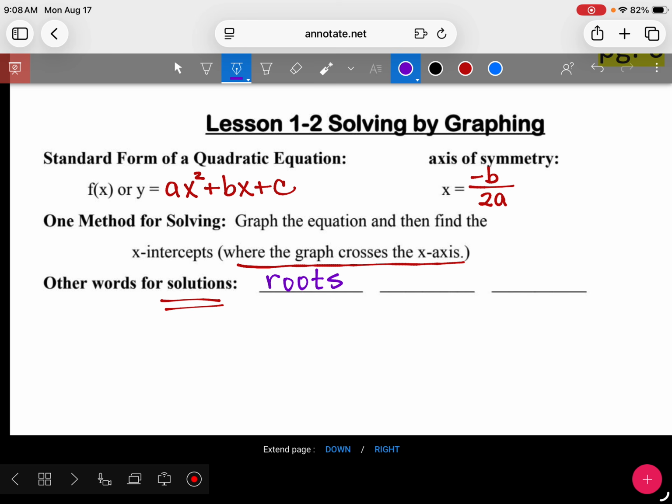The second one starts with the letter Z and it's a number. 0. So we could say zeros. Find the zeros. And then the last one that means solution is x-intercepts. So these are all synonyms, and they are all referring to the same thing.